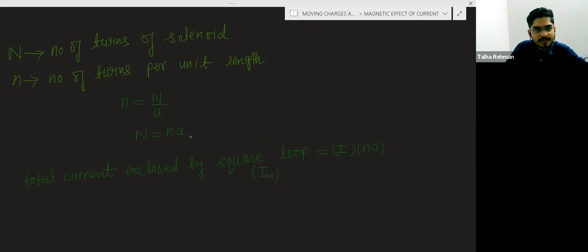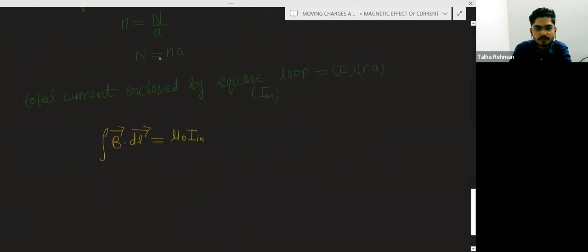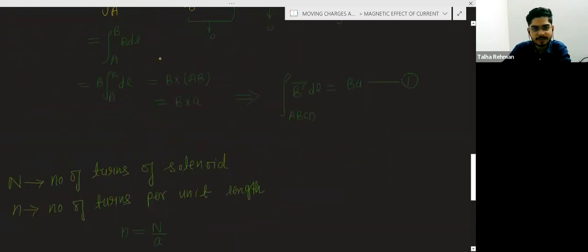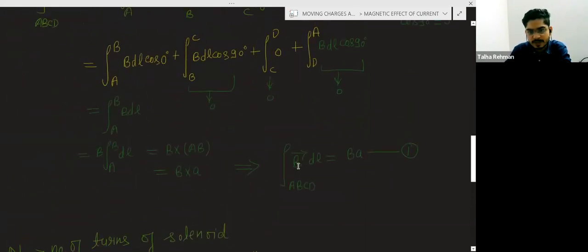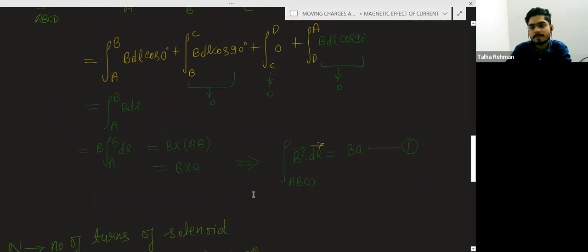Now we will apply Ampere's circuital law. That is, the line integral of the magnetic field B dot dl is equal to mu 0 into the current enclosed by the loop. So B dot dl is BA.